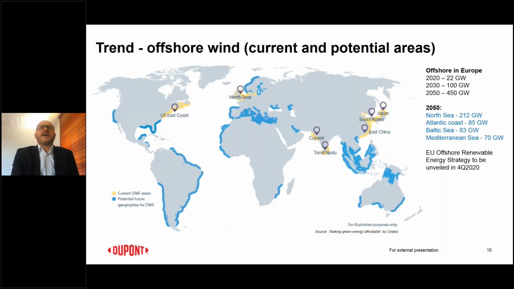So at least in Europe, the estimations based on the recent data and the recent strategy developed in Europe is that now in 2020 there is like 22 gigawatts of energy installed offshore, while in 2030, 10 years from now, it's going to be almost multiplied by 5 times.